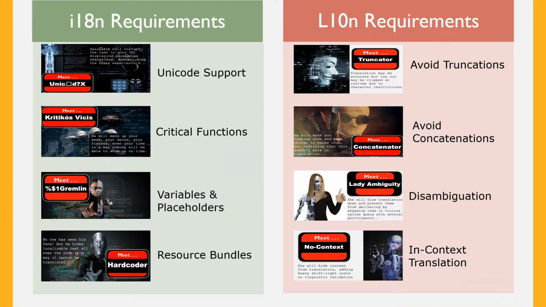Be careful on how developers use variables and placeholders, because that becomes something untranslatable, and we're going to talk about this during the webinar today. And finally, the text for translation has to be stored in resource bundles in the software, otherwise it cannot be translated. So from a localization requirement point of view, again, avoid truncations.